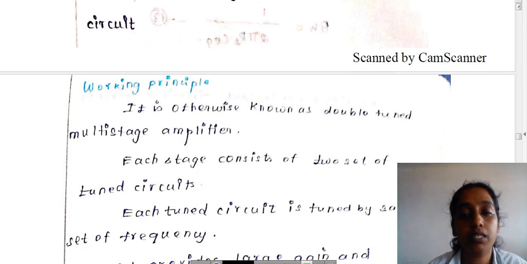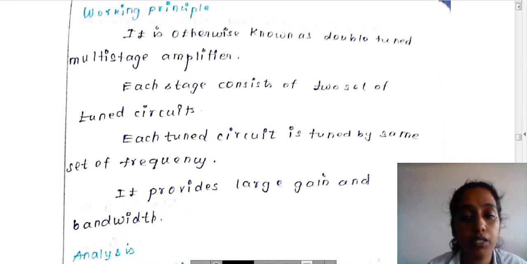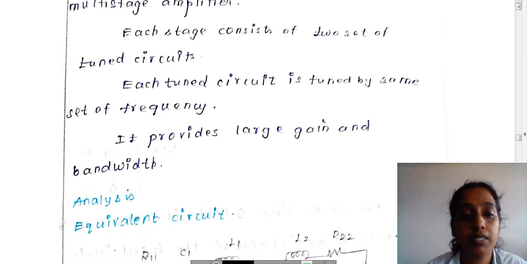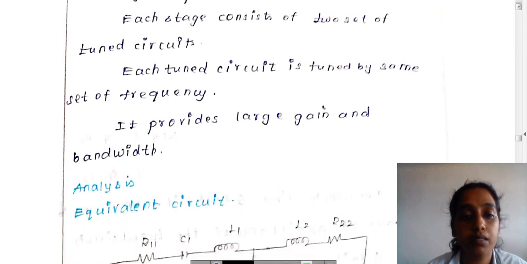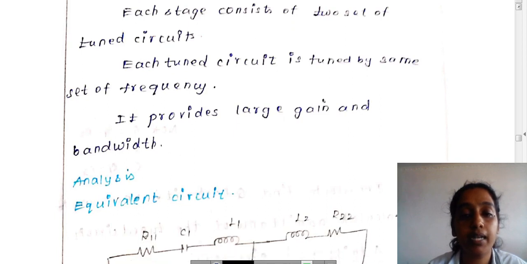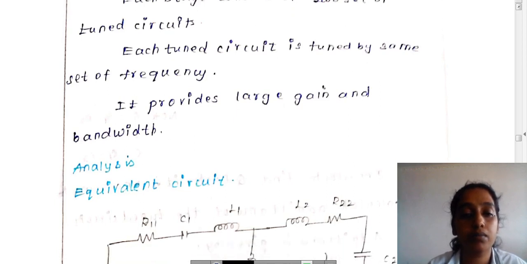This double tuned circuit is also known as a multi-stage amplifier. Each stage consists of a tuned circuit, and each tuned circuit is tuned to the same set of frequencies. Hence, it provides a larger gain and bandwidth.